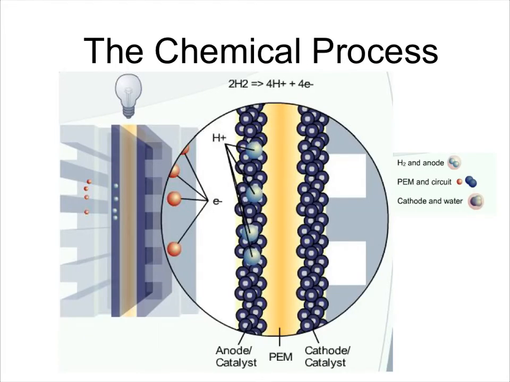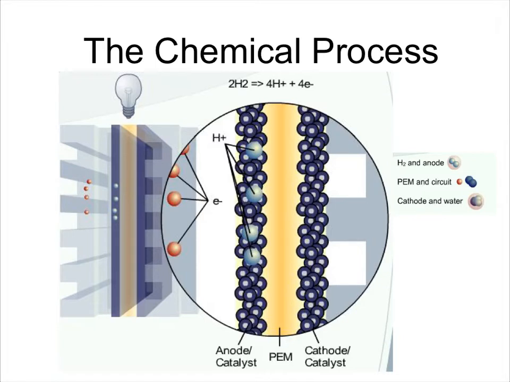So to describe the chemical process that takes place within any type of PEM fuel cell, to get a better idea of what that looks like, hydrogen fuel is channeled to the anode, where the catalyst separates the hydrogen's negatively charged electrons from the positively charged protons. The membrane allows the positively charged protons to pass through to the cathode, but not the negatively charged electrons.